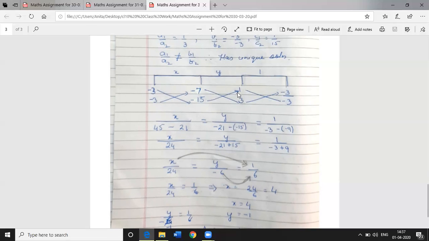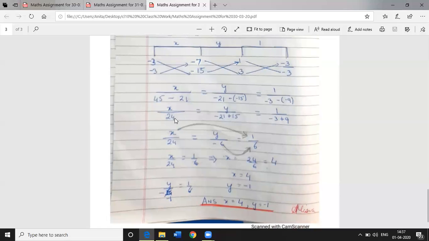Is equal to, what is this now? Minus 3 minus of minus 9. Simplify it a little bit. x upon 24 is equal to y upon minus 21 plus 15 is equal to 1 upon minus 3 plus 9. So x by 24 is equal to y upon minus 6 is equal to 1 by 6.